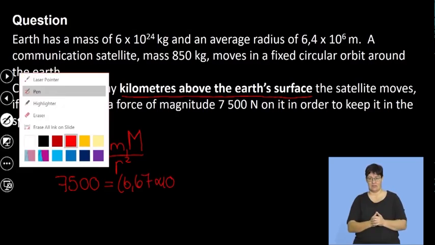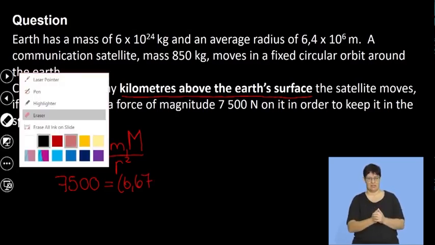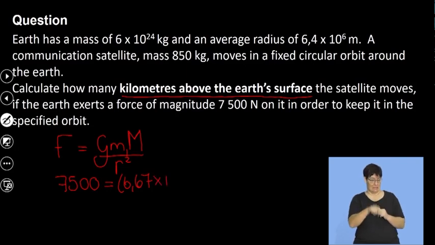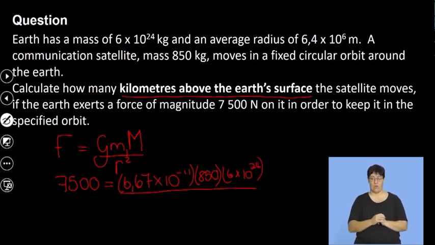Let me write that so it looks like a times. It's all about being neat. We know that the satellite is 850. We know that the Earth is 6 times 10 to the 24, and we need R squared.